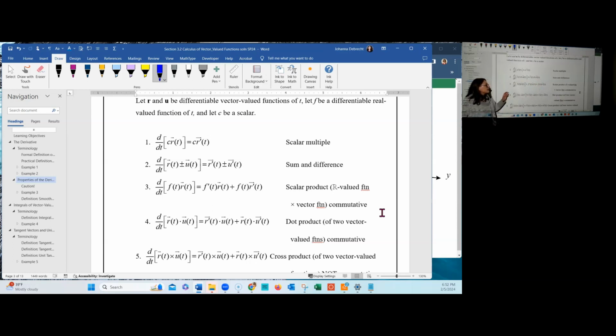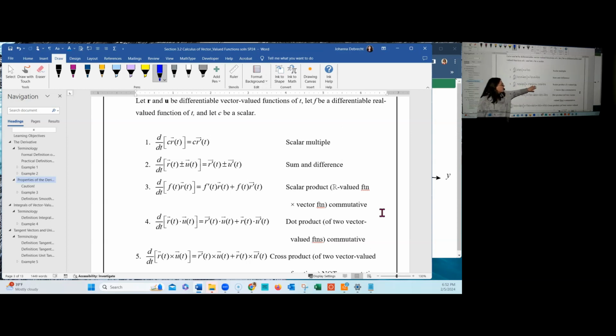Then we have a scalar valued function, a real valued function, multiplied by a vector valued function. So this is f of t, no harpoon or arrow above the f, multiplied by r of t, which is a vector valued function. So f of t spits out real constants, and r of t spits out vectors.